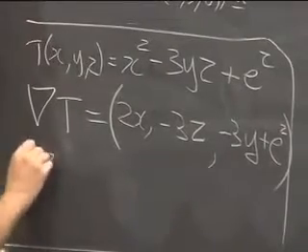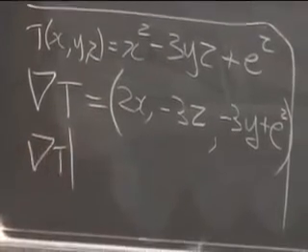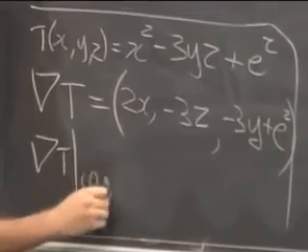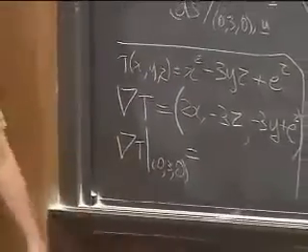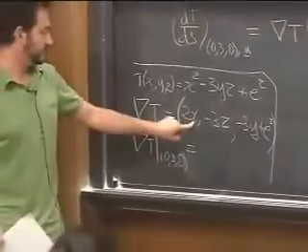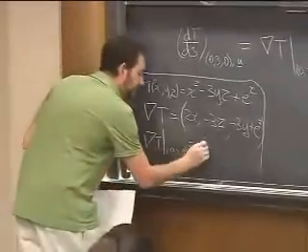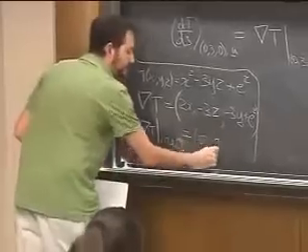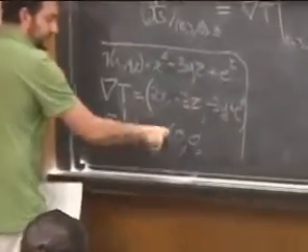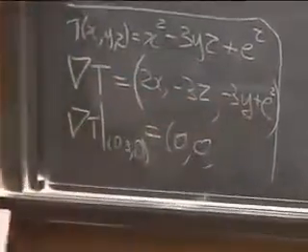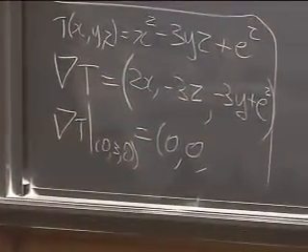So now evaluating it at this point 0, 3, 0 means you just plug in x equals 0, y equals 3, z equals 0. With x equals 0, you get 0. With z equals 0, you get 0. Y is 3, so you get minus 9. But then e to the z is e to the 0, which is 1.